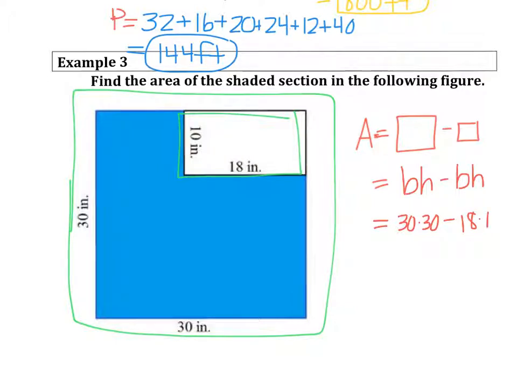I think this one's pretty easy to go about solving. 30 times 30, 900. And then we're going to subtract 18 times 10, which is 180. 900 take away 180 is 720 inches. And area is we're literally finding the 1 by 1 blocks. So it's inches squared.